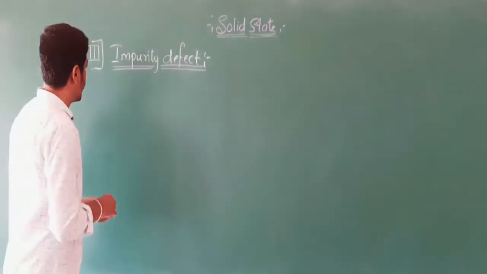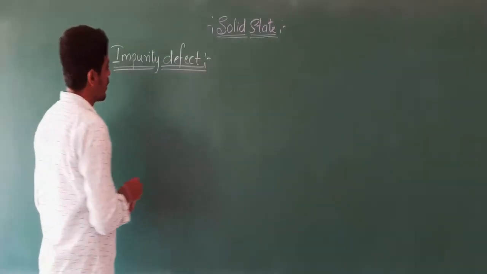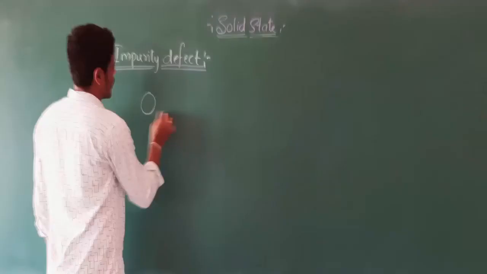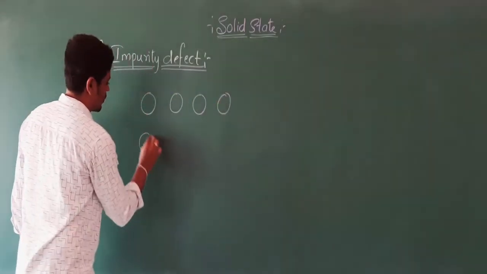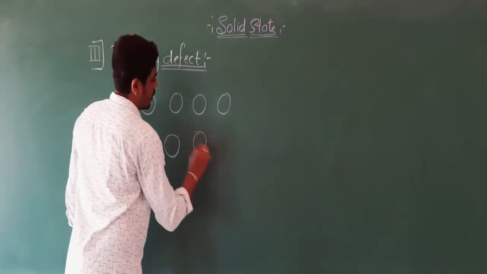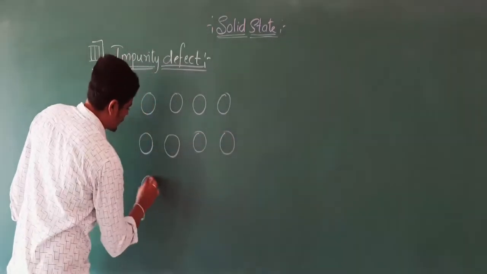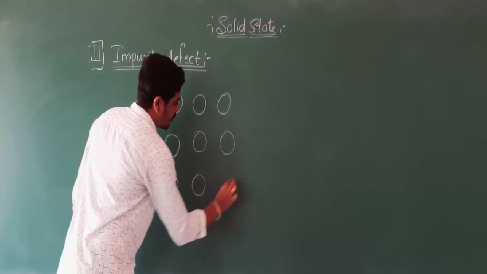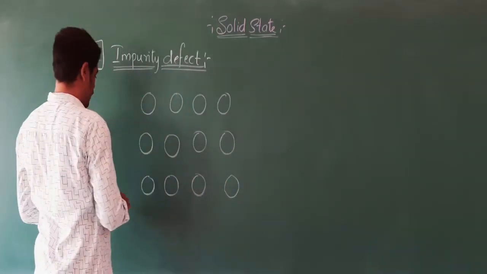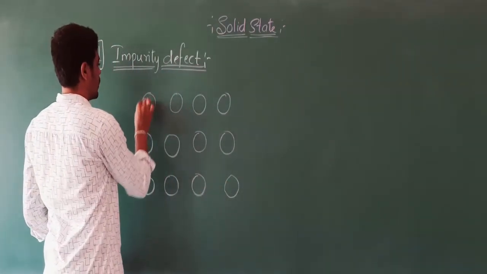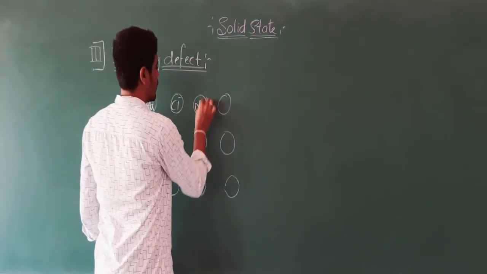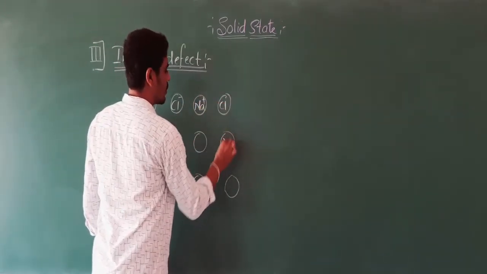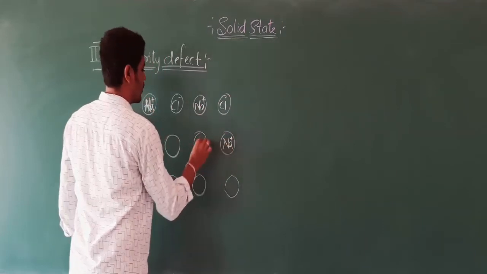Okay, so now let us consider an example of a crystal of NaCl. I will consider the NaCl crystal, where it consists of Na+ Cl-, Na+ Cl- alternatively.